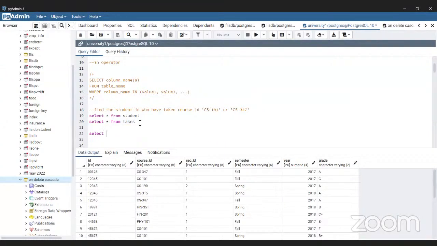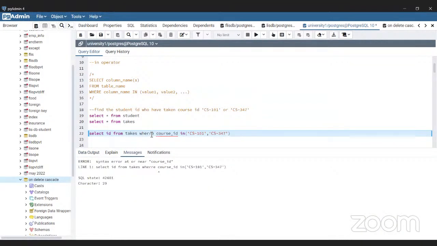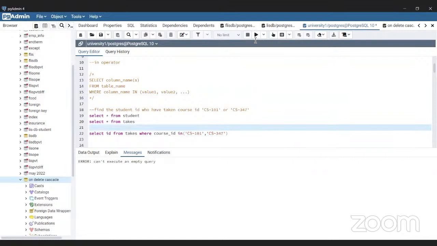Select ID from takes where course ID in CS101, CS347.